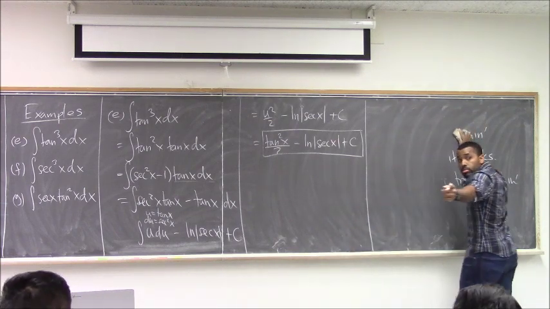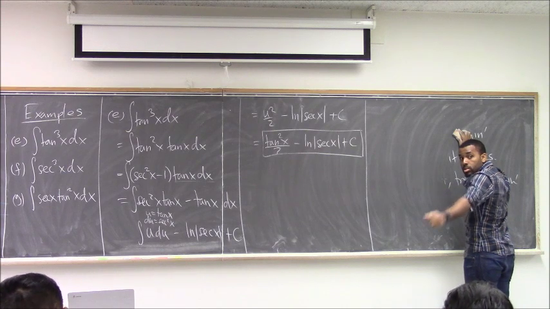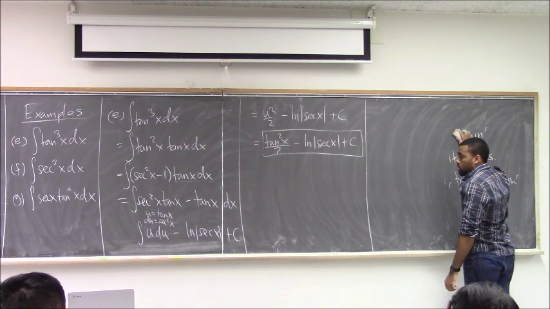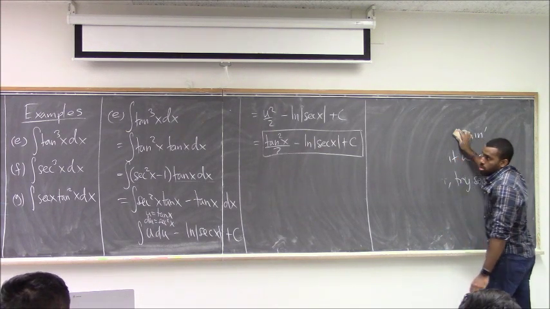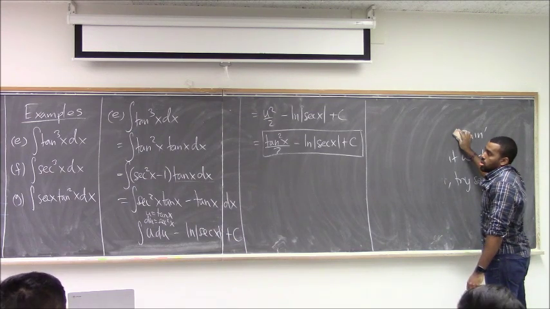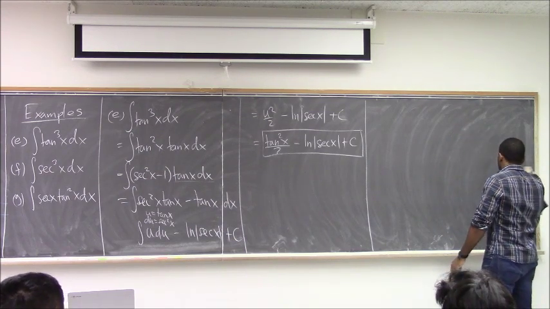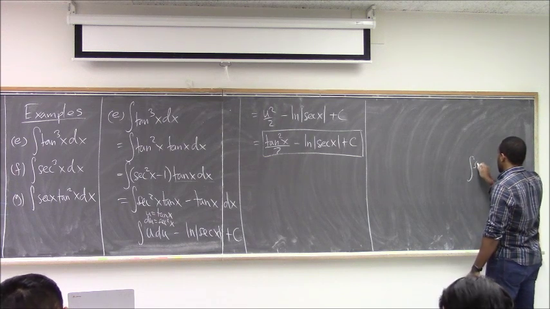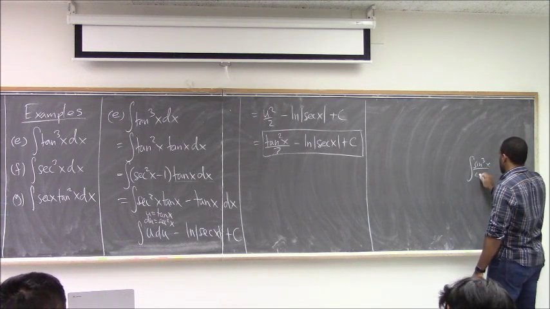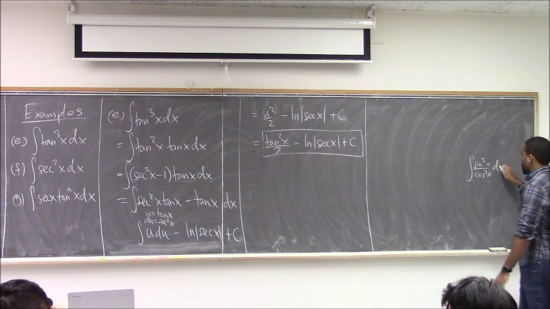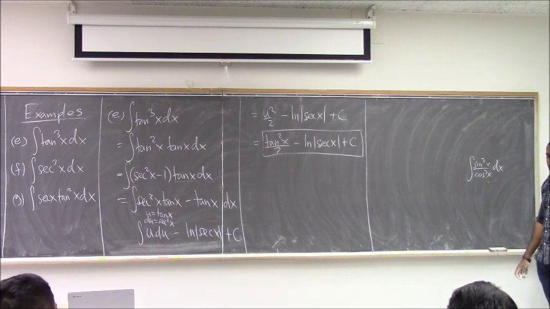You have a question? Would it also work if I put sine over cosine for the tangent of x, and then set u equal to the cosine, and du will be sine, and then solve it?